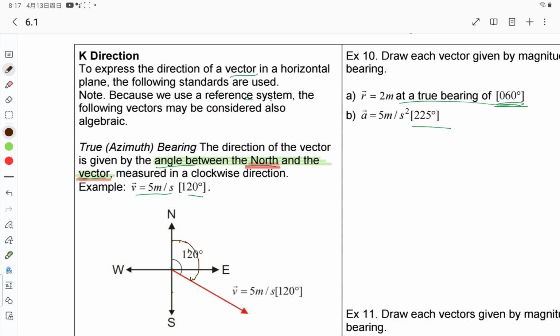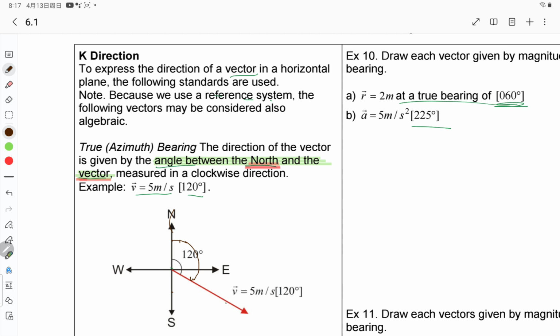And then he's saying measuring in a clockwise direction. So starting from north, clockwise, going down. This clockwise is okay. Just remember, it's between the north direction and the vector.